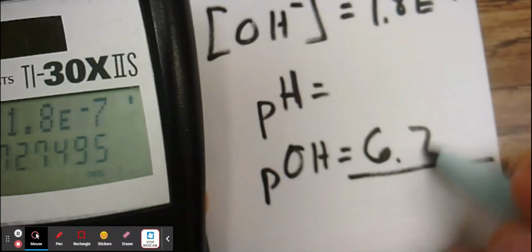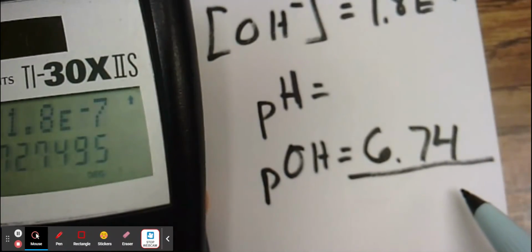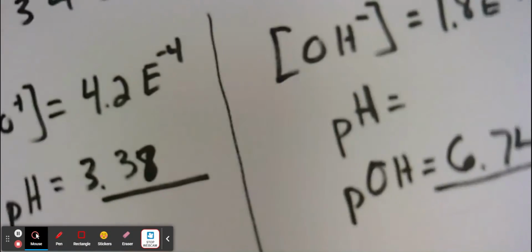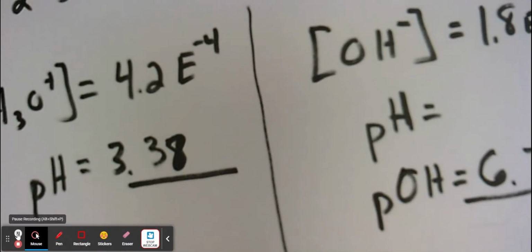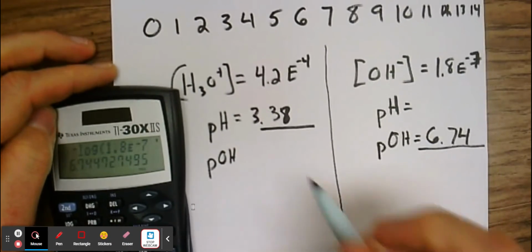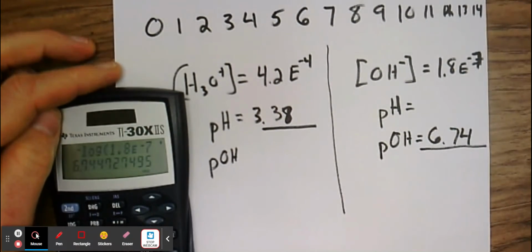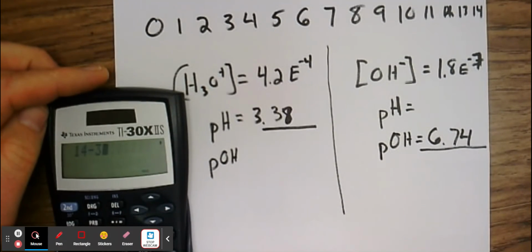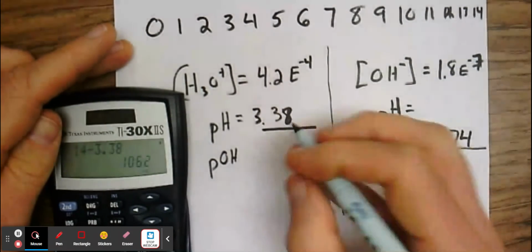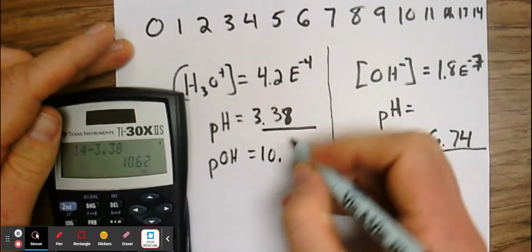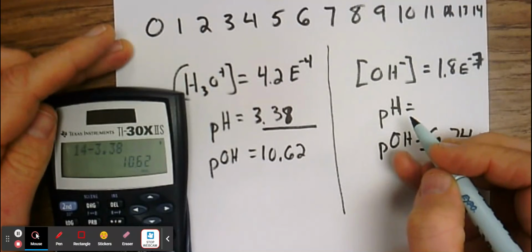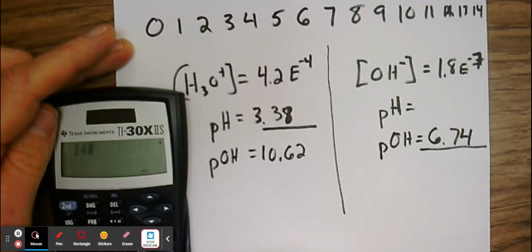Once again, for the two sig figs, that rounds to this. All right, so those are my values. Just for fun, let's see what my pOH would be. It would be 14 minus 3.38, so that's 10.62. And here, my pH is 14 minus 6.74.